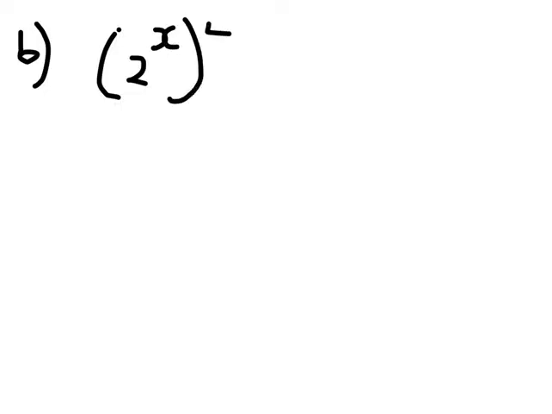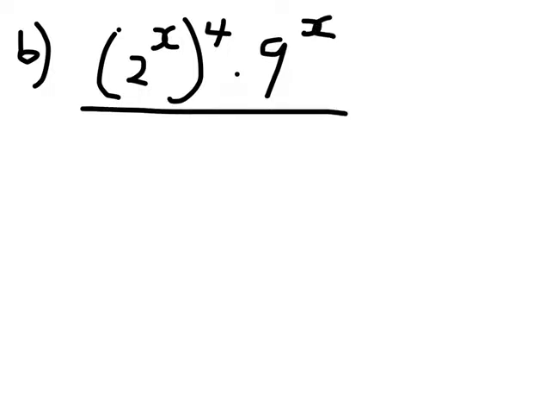Okay, so let's consider this to be example B, whereby we are having in the brackets 2 to the exponent of x, then we close that to the exponent of 4, and then we multiply this by 9 to the exponent of x, and then we divide the whole of this by 12 to the exponent of 2x. So this is what you are given.